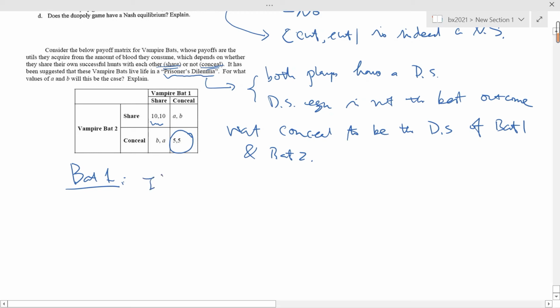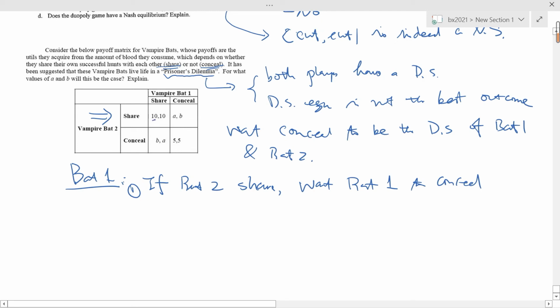Let's say if bat 2 shares, we want bat 1 to conceal. So if bat 2 shares, when we are in this row, we want bat 1 to conceal. Which means that now bat 1 is going to compare this payoff with this payoff, which means that we want bat 1 to conceal. That means A is bigger than 10.